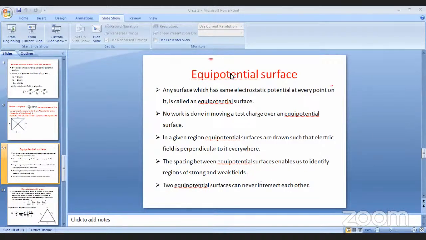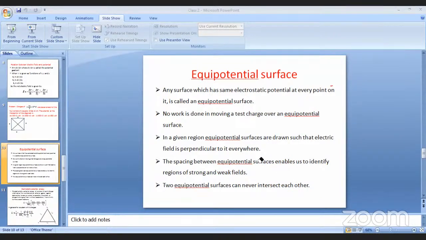So that thing I can show you, that is E equal to minus dV by dr. Okay, E equal to minus dV by dr. So this E is inversely proportional to dr, because there is no change in potential. So from the distance you can easily identify whether it is a strong or weak field.